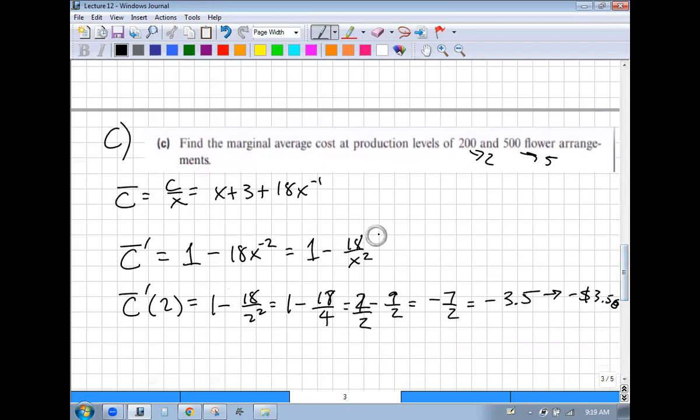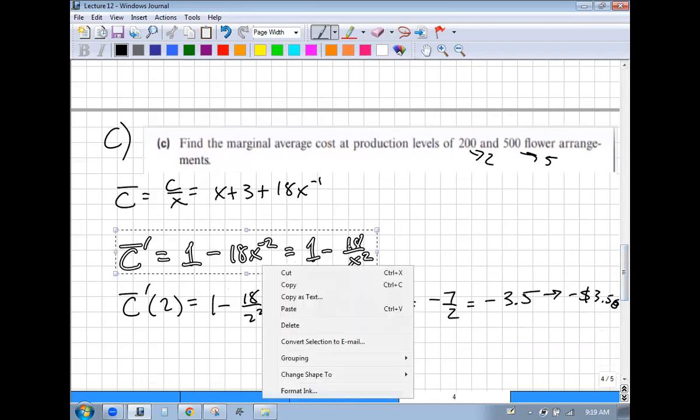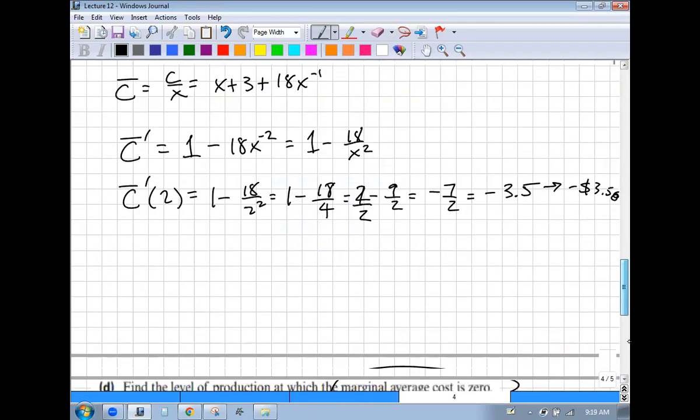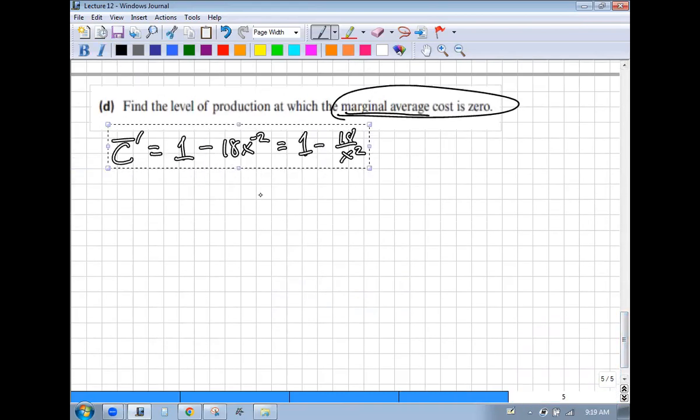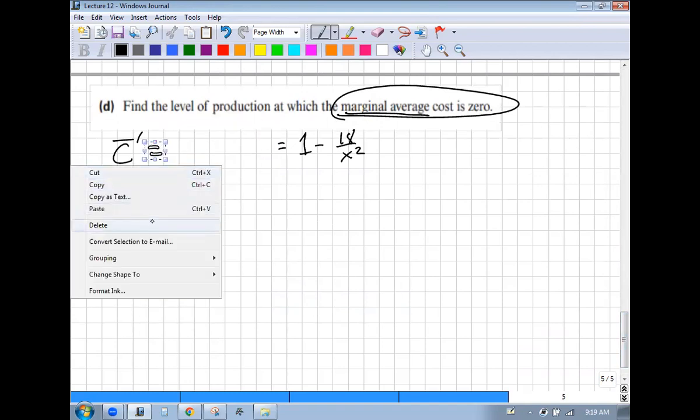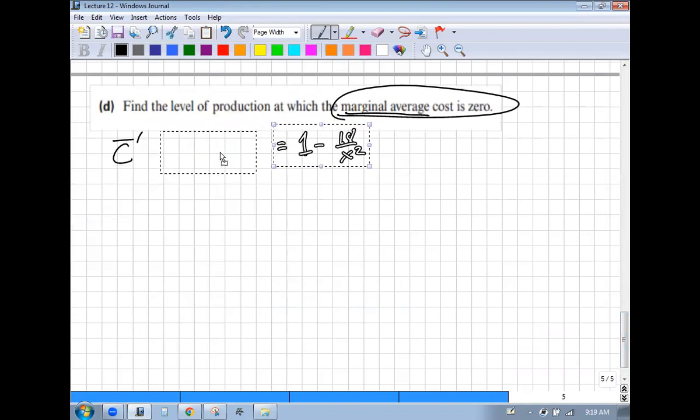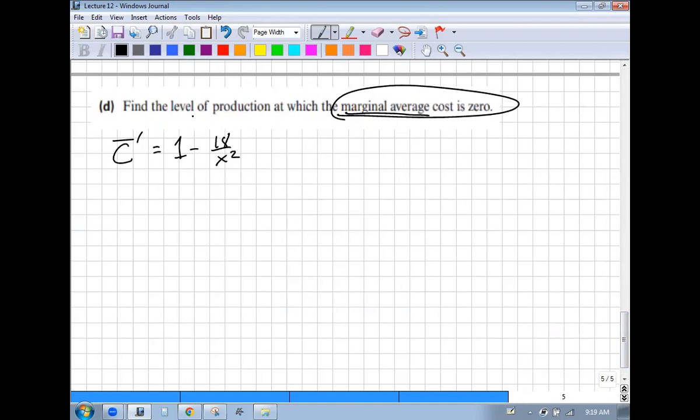Let's see, here's our marginal average cost, right? Marginal average. This is our marginal average, right? Let's just use this version of it here. This is our marginal average cost. What level of production is this thing 0? So let's set it equal to 0 and solve.